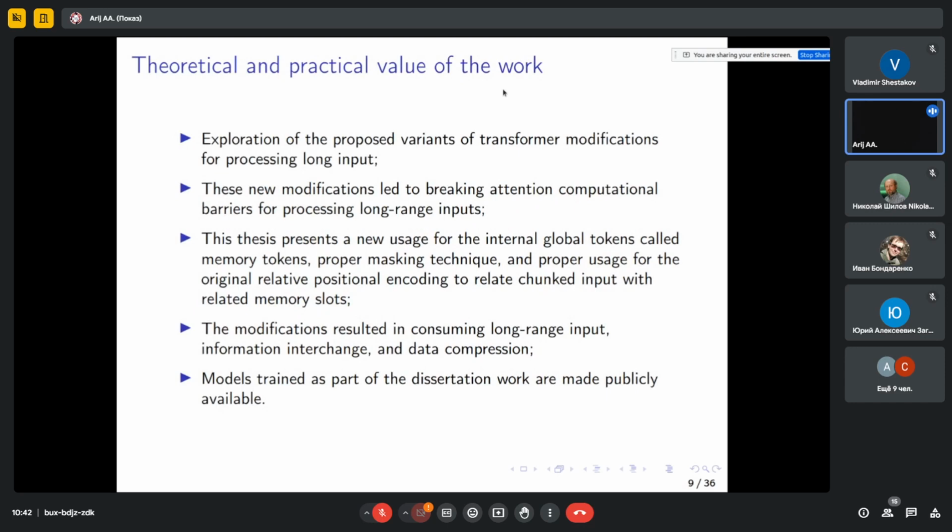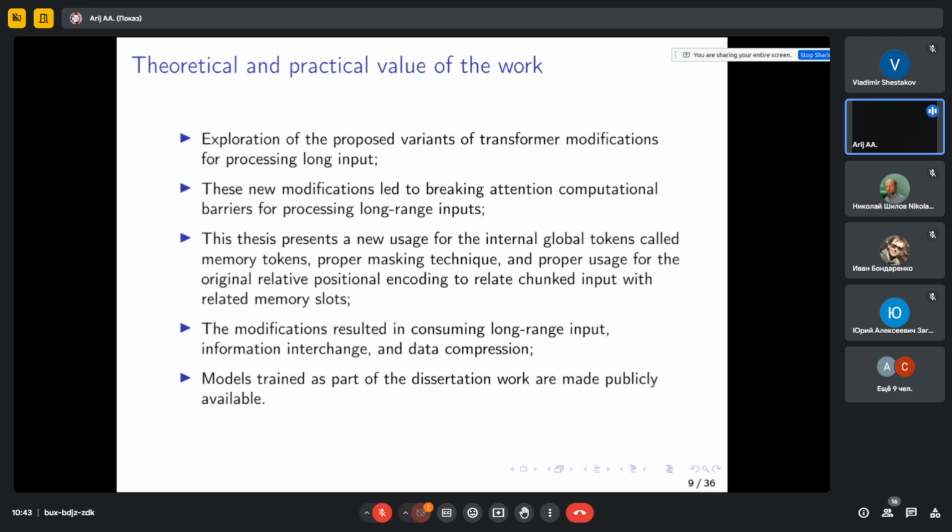The theoretical and practical value of the work can be summarized in 5 points. First point is the exploration of the proposed variants of transformer modifications for processing long input. These new modifications led to breaking down the attention computational barrier, that is, the complexity grows linearly with the number of input chunks, not quadratically with the input length.